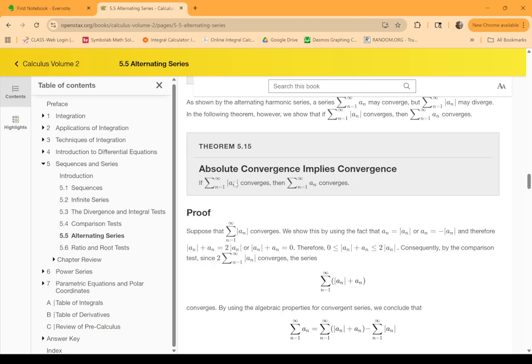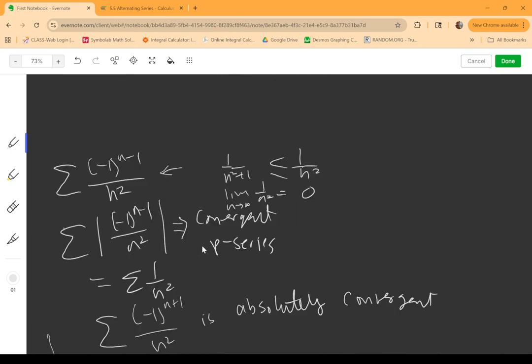If you look at just the positive part, the one that has the absolute value, and that converges, then the series itself, a sub n without the absolute values, also converges. Okay, so how can that be helpful? Let's take a look at an example where we use that theorem.